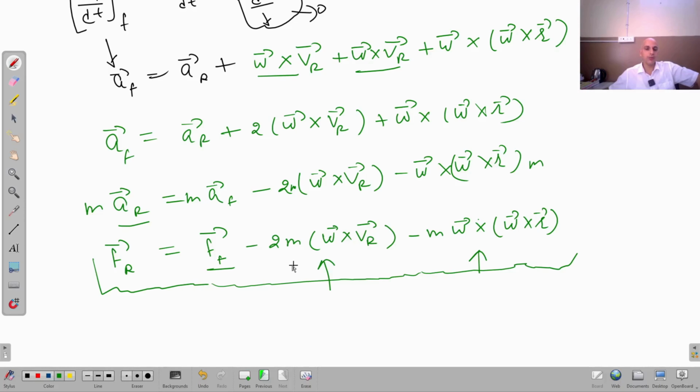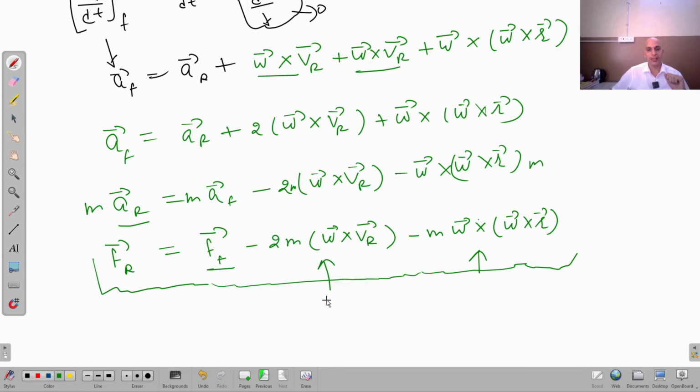These two terms are the fictitious forces that arise in the rotating frame of reference, and these fictitious forces arise because of the acceleration of the frame of reference. This term arises when the body is moving in the rotating frame, and this term arises when the body is at rest in the frame. Even then this force is acting on the body. So these two forces are the fictitious forces.